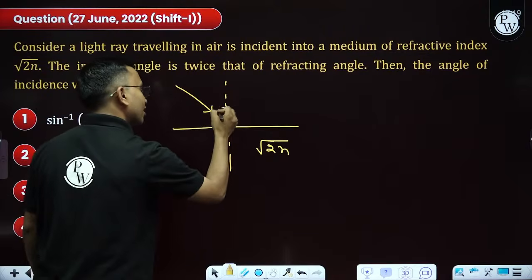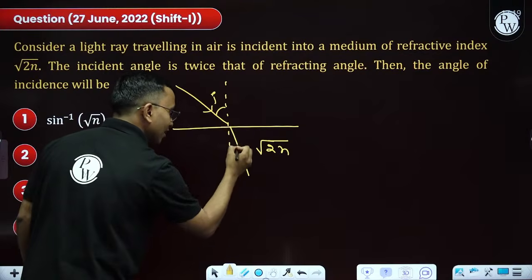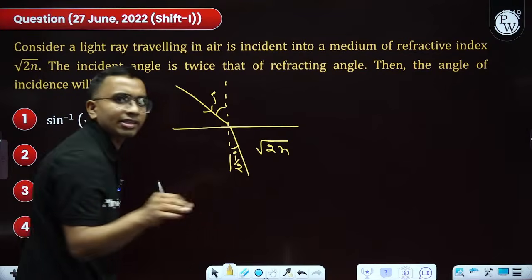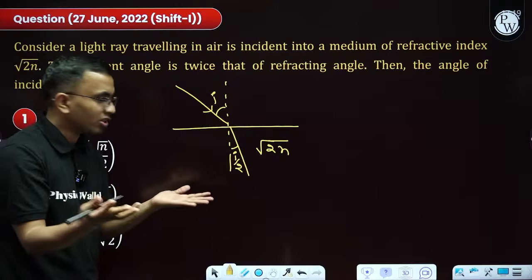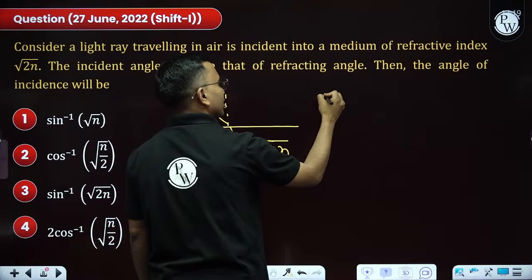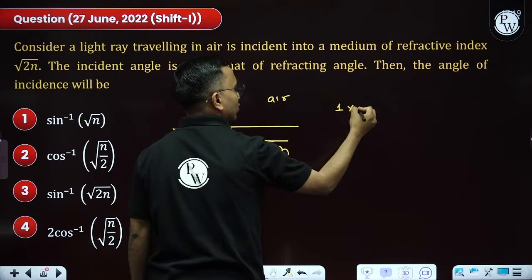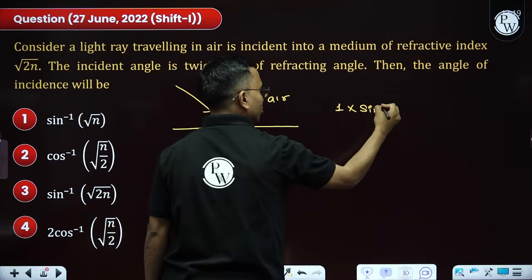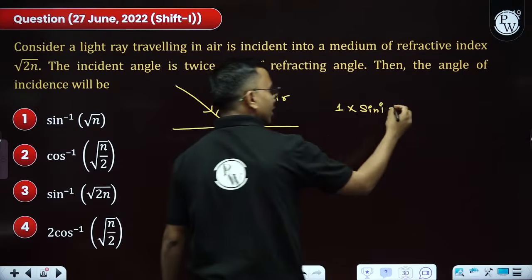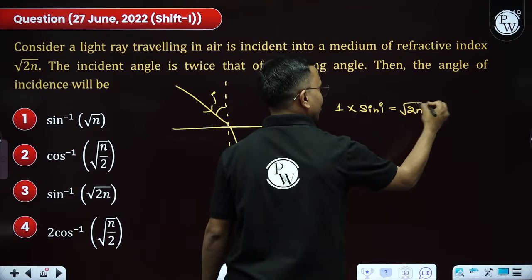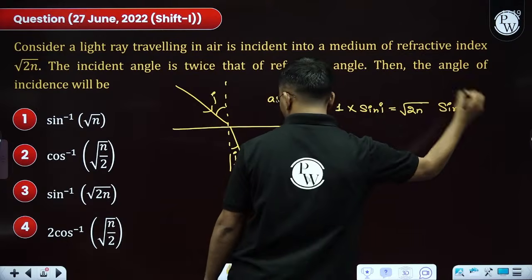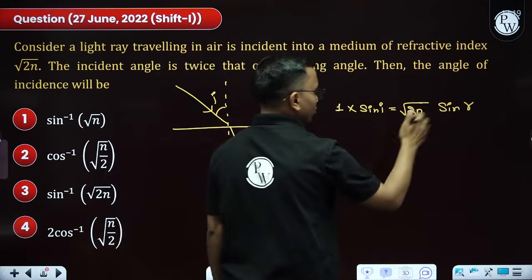So if it is i, here it is mentioned that this is i by 2, refracting is half. Now use Snell's law, simple. Mu1, that is 1, it is air. Mu1 into sin i is equal to mu2, root 2n, into sine of r. What is r? i by 2. So you can put that.